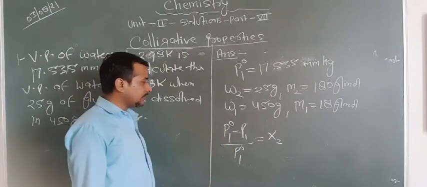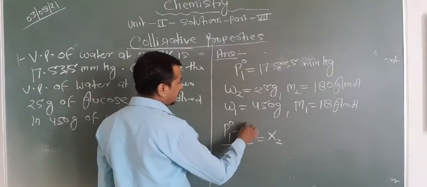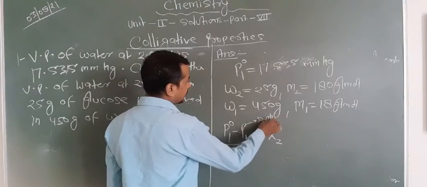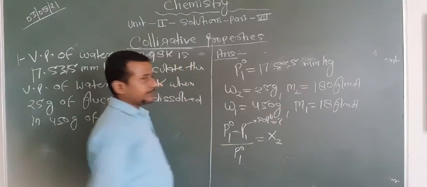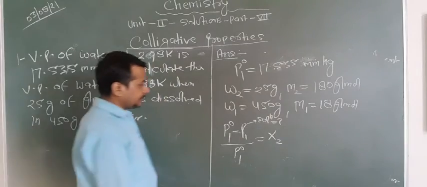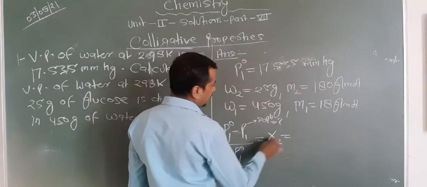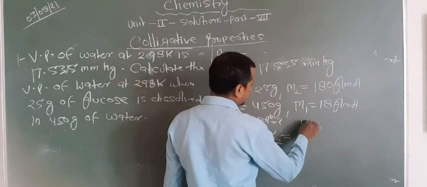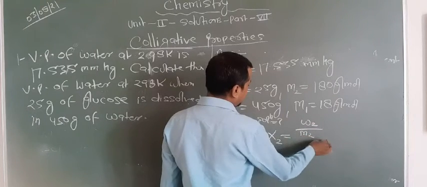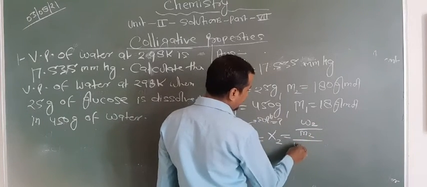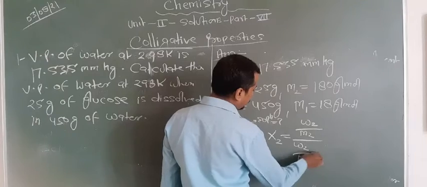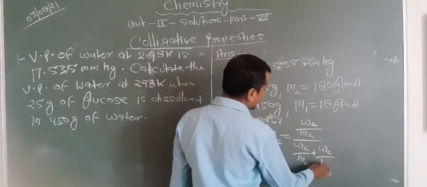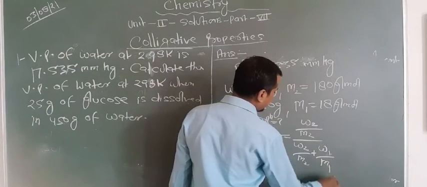Now put in the values and find P1. Here this is what is being asked, this you have to find. So now put in the value. This we can write like this: x2 equal to (W2 divided by M2) divided by (W2 divided by M2 plus W1 divided by M1).